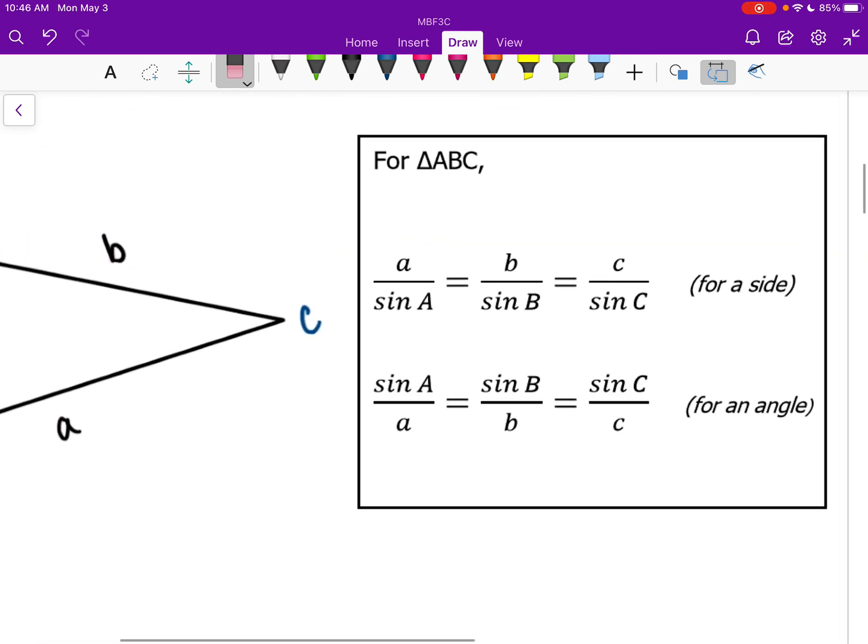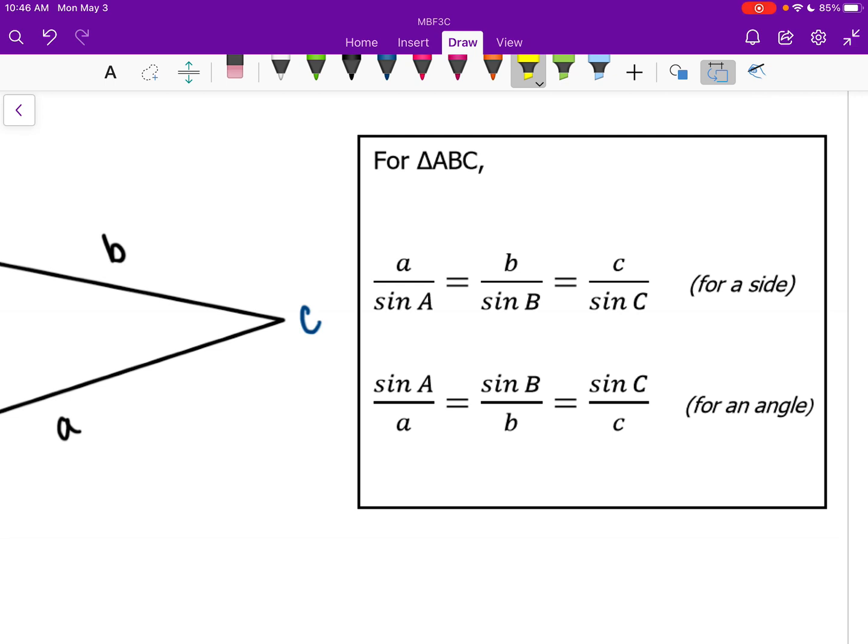That's because if you look at these values, you are always going to need at least one side that completes an entire ratio in order for us to find the other sides or the other angles. So for any side that you're looking for, you're just going to do A over sine A equals B over sine B, or C over sine C. And then for the angles, you're just going to flip it over: you put the angles at the top and the sides at the bottom and equate it to the other two.